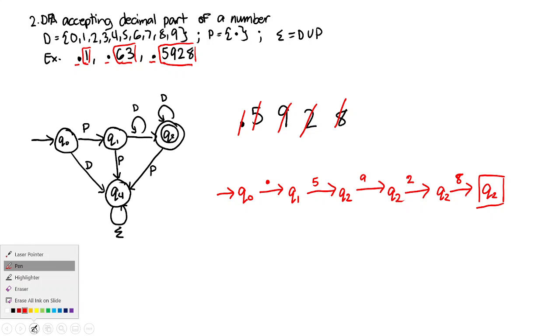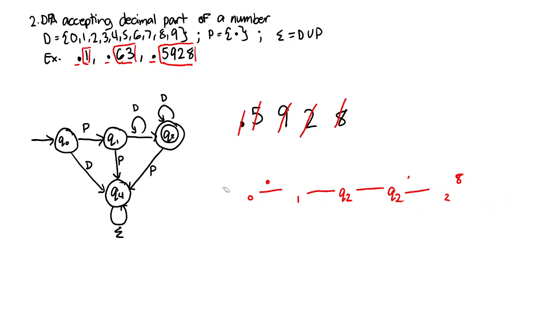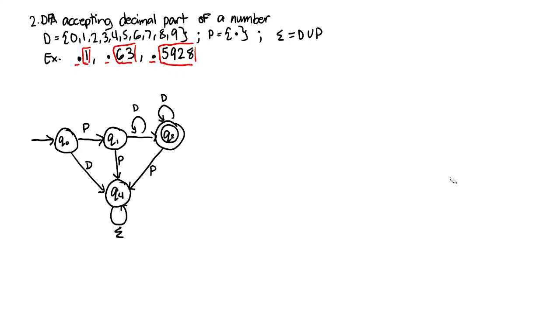Let's try another example. Let's say we have our string point 3, 4.5.